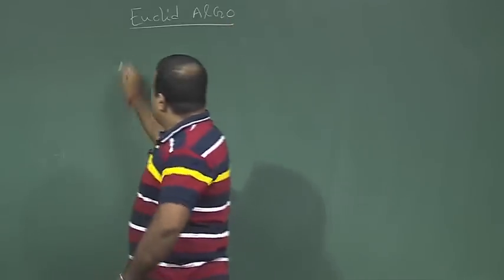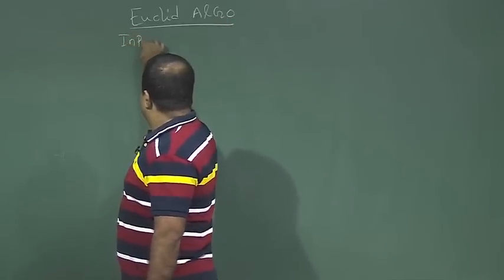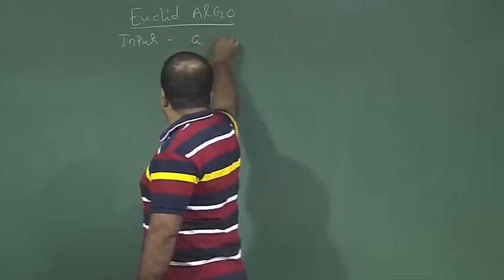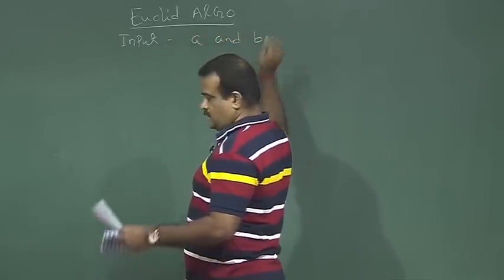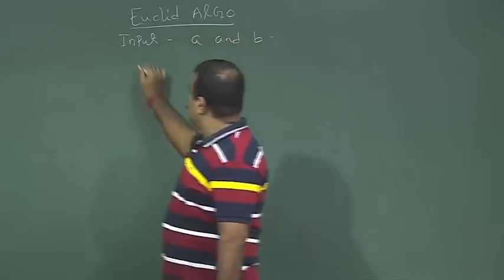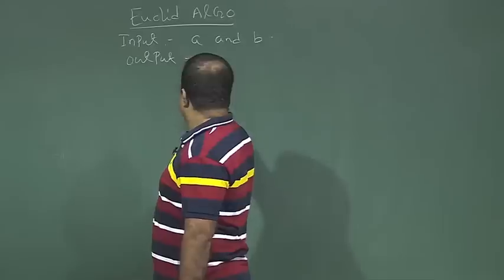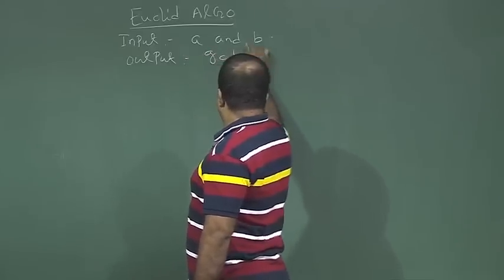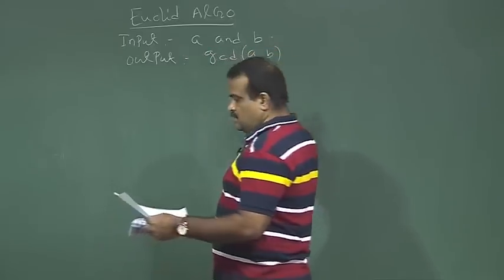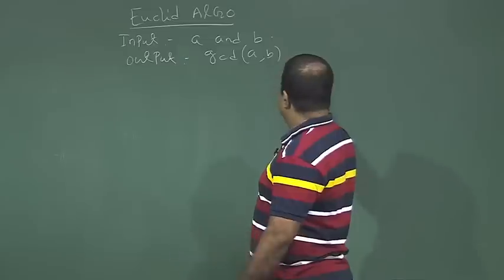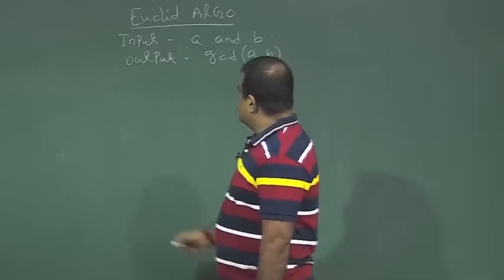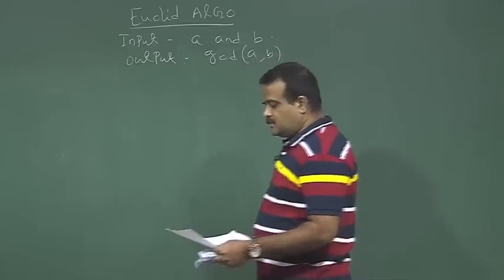It has two inputs, which are basically two integers a and b, and the output will be their GCD of a, b, which we can store in some number. Okay.